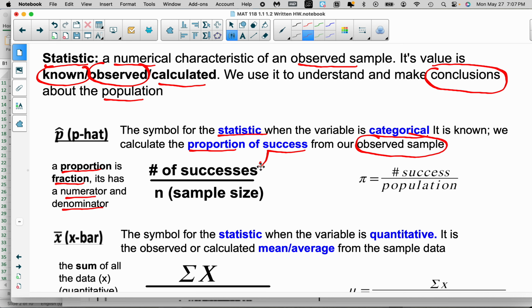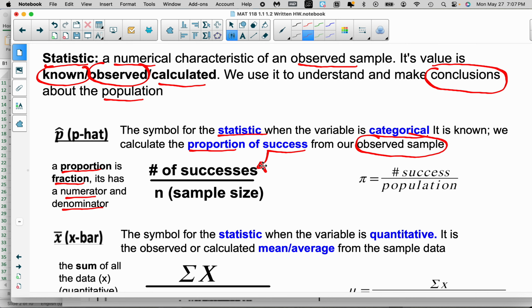The numerator is whatever we define as success. So let's say you're going to vote for candidate A, yes means success. Or we could say, from the written homework, the bottles coming off the manufacturing line that are broken. If they're broken, we say success is yes.